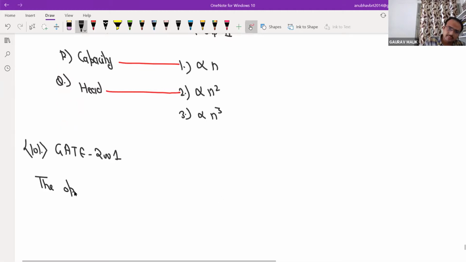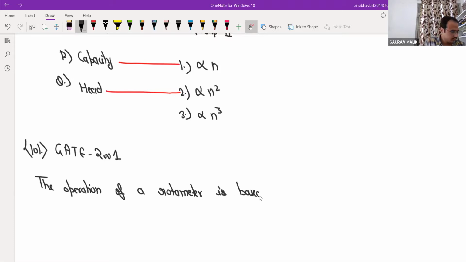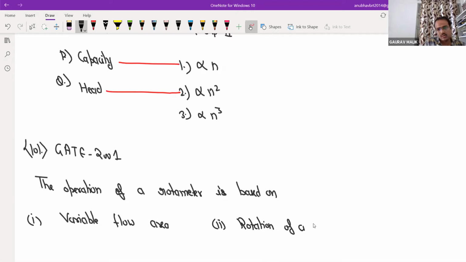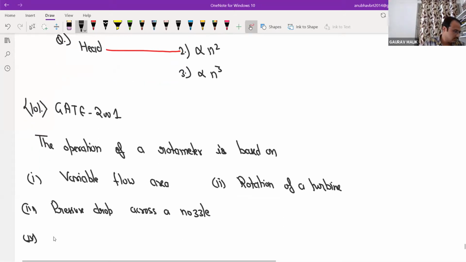The operation of a rotameter is based on: first, variable flow area; second, rotation of a turbine; third, pressure drop across a nozzle; and last, pressure at stagnation point.